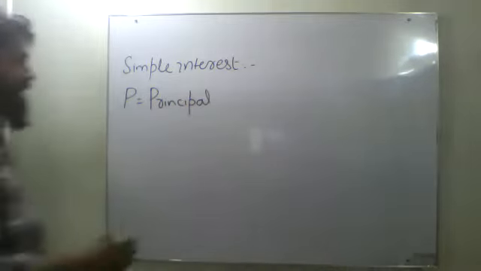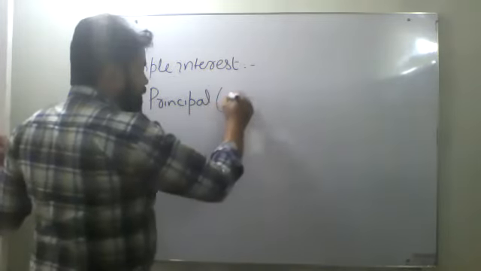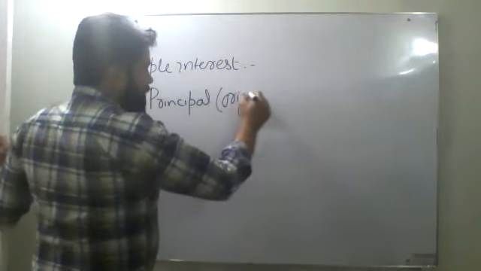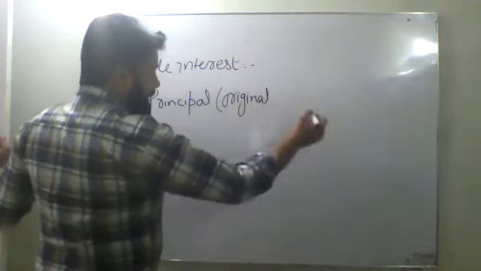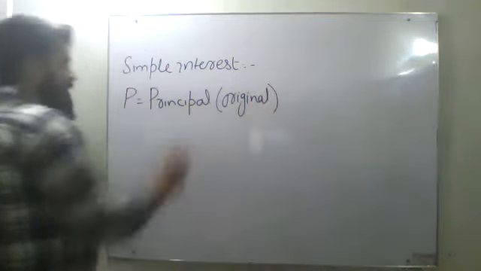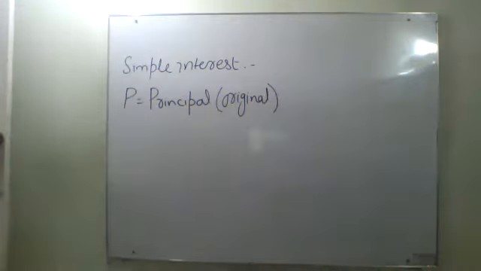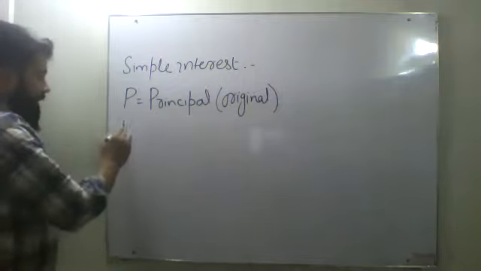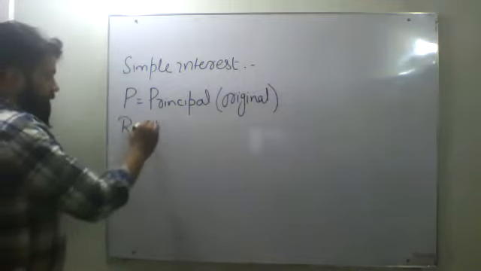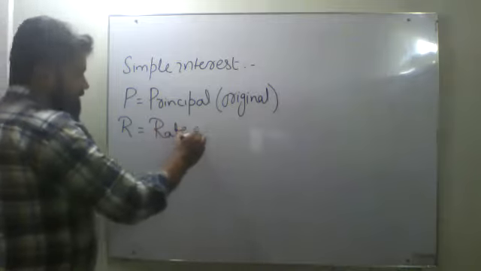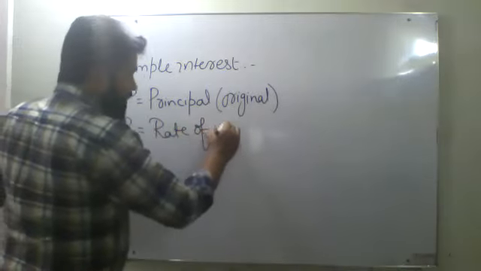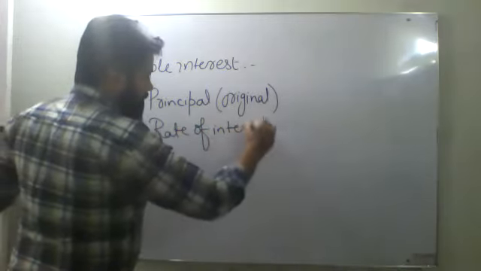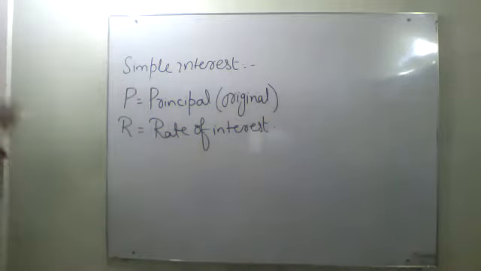That is the actual or original amount which I have given to the bank or I have taken from the bank. That is principal, P. R is the rate of interest, the rate with which the interest is going to be applied.